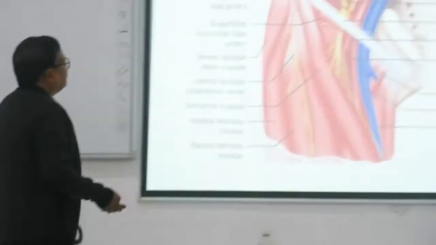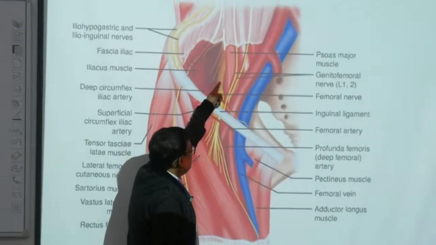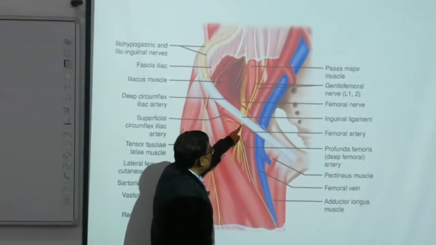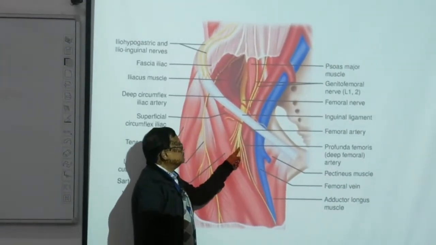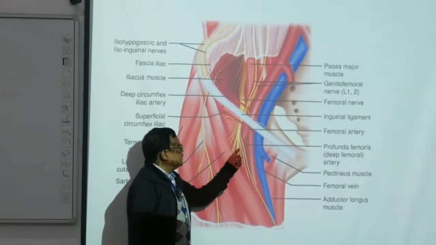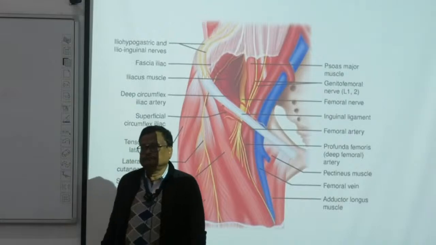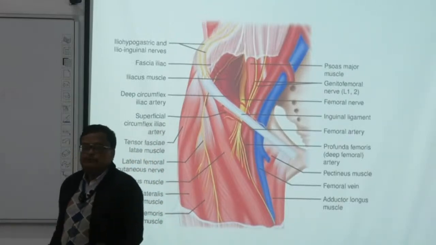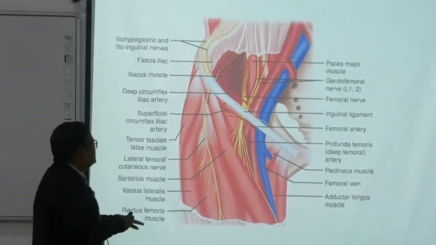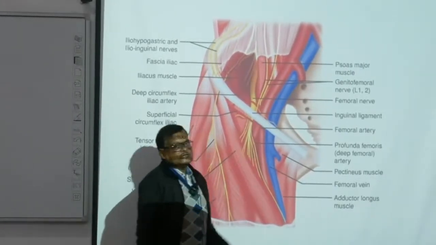So femoral nerve after its origin comes out under the inguinal ligament, enters the thigh and immediately divides into two divisions, anterior division and a posterior division. Before dividing from this trunk, it gives two branches.